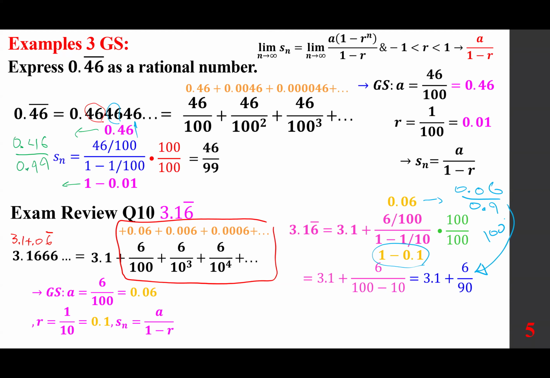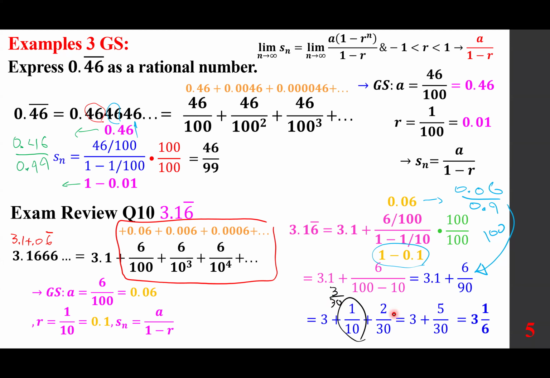All right. So now 6 over 90, if we want to add them up, an easy way, 0.1 is 1 over 10, 6 over 90 is 2 over 30. You want to take a common denominator. 1 over 10 is 3 over 30, and 2 over 30 is 5 over 30, or 1 over 6.